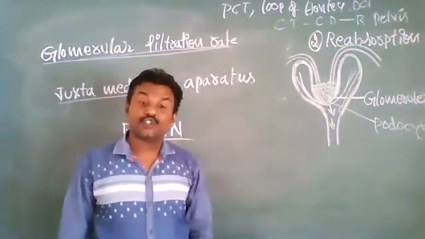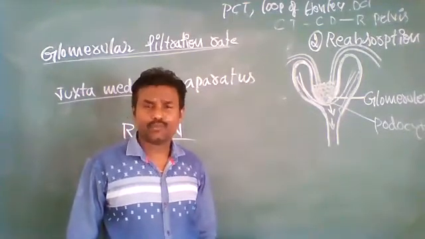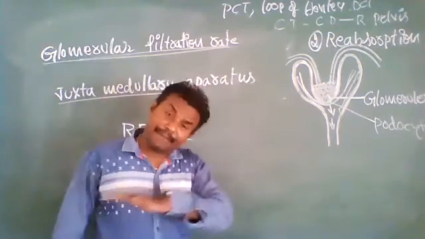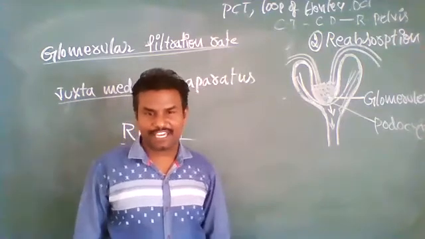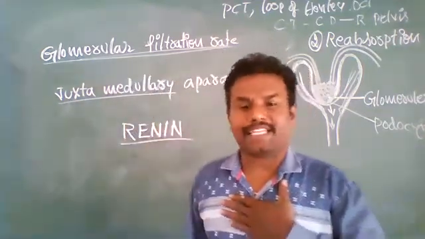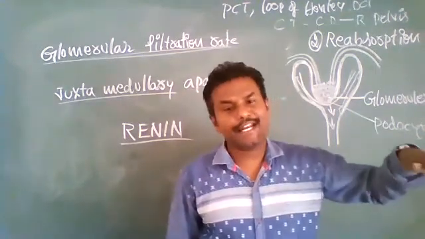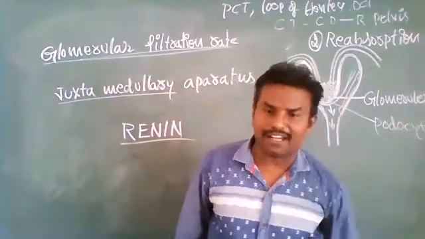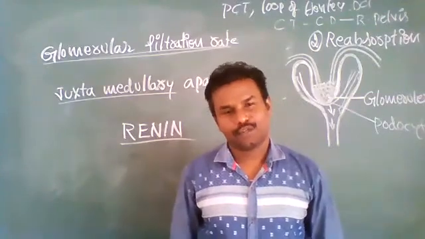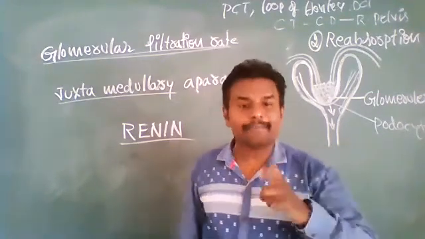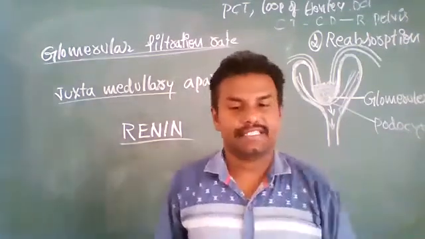This renin stimulates the glomerular blood flow, thereby bringing the glomerular filtration rate back to the normal position. In such a way, our kidneys always maintain glomerular filtration rate in optimal condition. It should not fall, and it should not rise. In optimal conditions, glomerular filtration rate is maintained by the juxtamedullary apparatus. Okay? That's it.